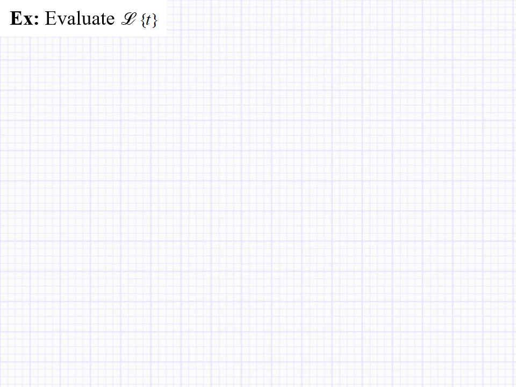So again, we're going to do the integral from 0 to infinity of e to the negative st times t dt. So that'll be the limit as b goes to infinity of the integral from 0 to b of e to the negative st t dt.